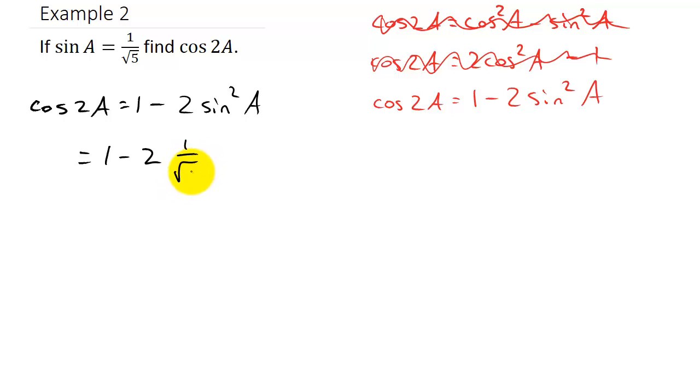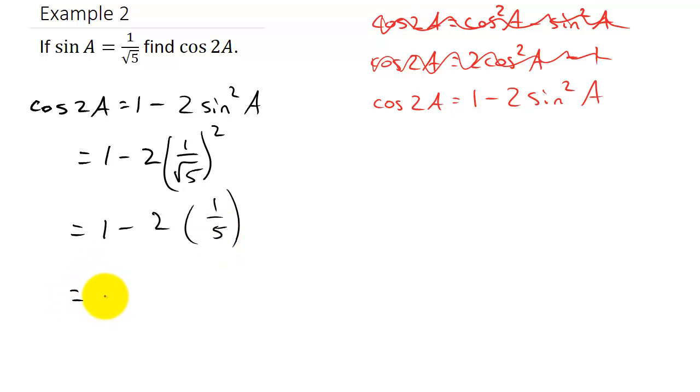So that's 1 over the square root of 5, and now this is sine a, but we're plugging it in here, and that's sine squared. So this is squared. And so this is going to give us 1 minus 2 times 1/5. I square the 1, I get 1. I square the square root of 5, and that gives me 5.